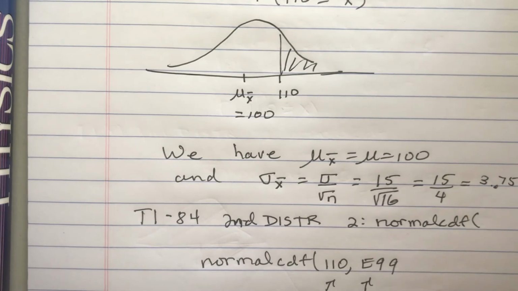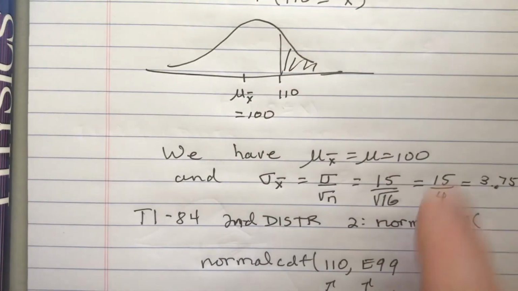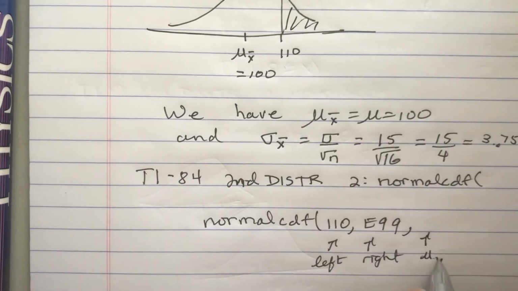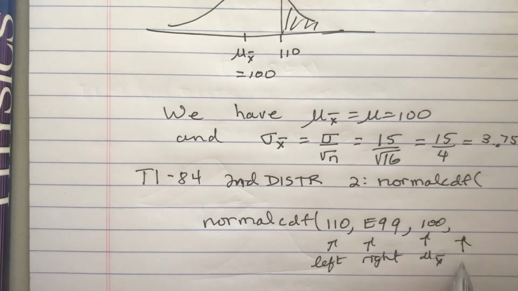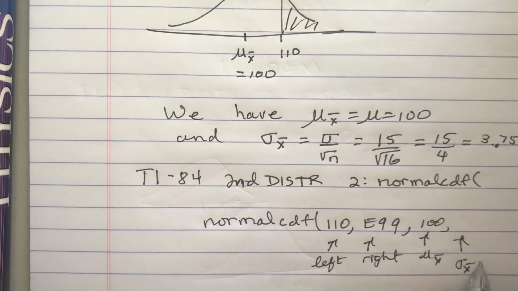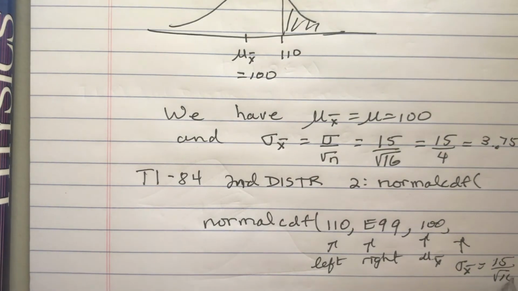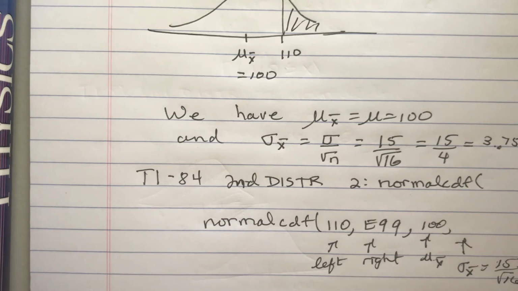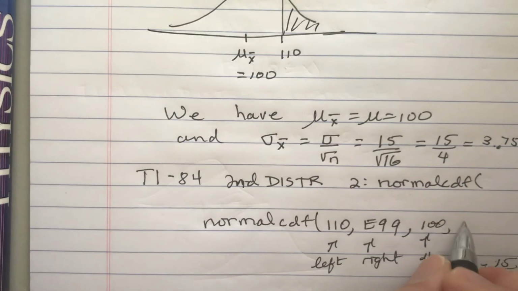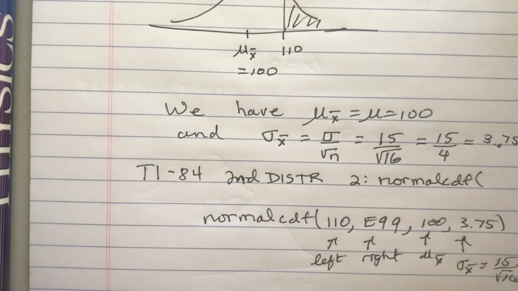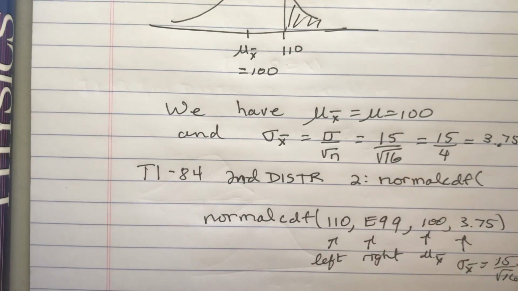The right endpoint is infinity, so I put the largest number I can because there's no infinity on the calculator. I'm going to put in mu x bar, which is 100. This is the key, that you put in sigma x bar, which is 15 divided by the square root of 16, and that's 3.75. Don't round a number when you put it in there. That's going to ruin everything. So if you had to put 15 divided by the square root of 16 in there, do that.